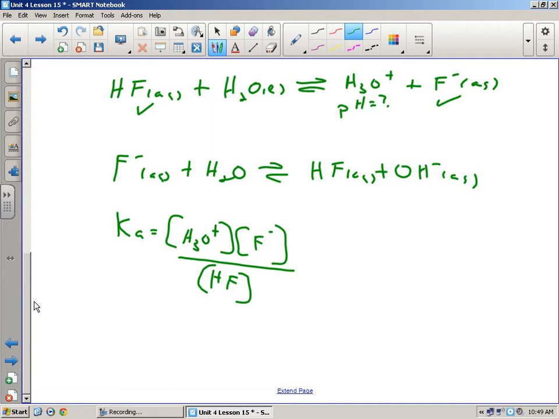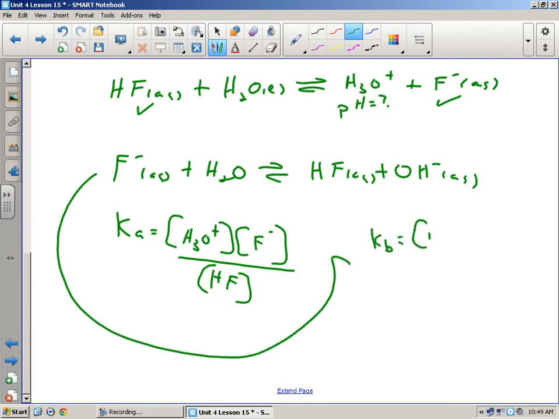You have to use Kb because you're talking about the base now, yes? So if I wanted to use this, could I use it? Sure you can. Kb is, of course, the HF, which you have, times the hydroxide, which I don't know, over the F minus. Could I use that one? Sure you can.